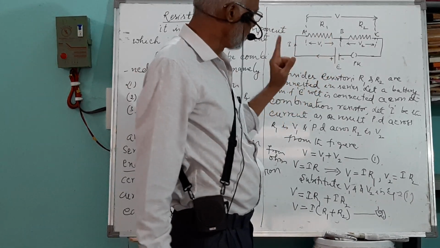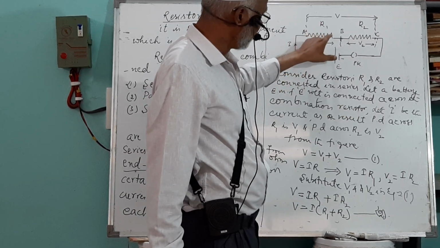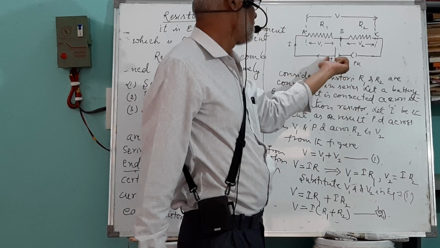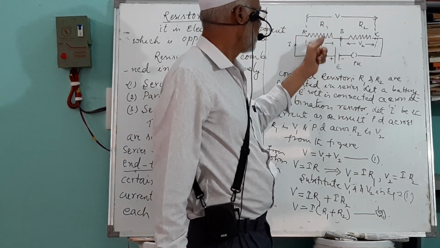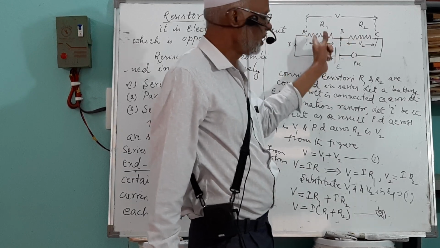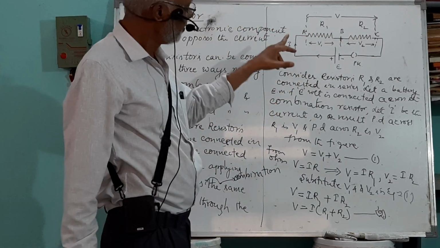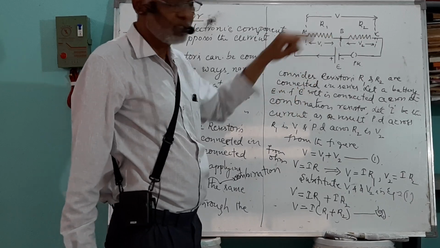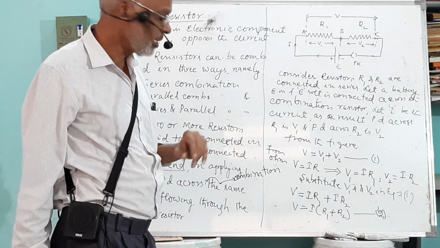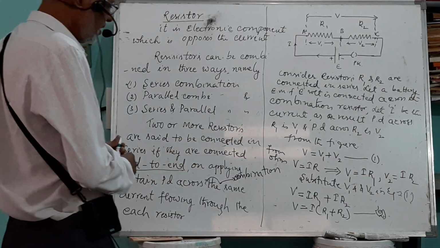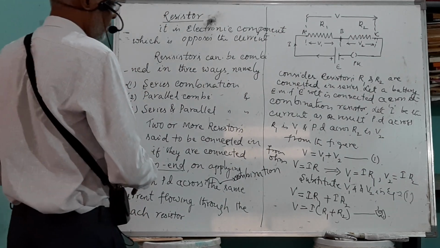Suppose by connecting one resistor you are able to draw the same amount of current as that of the combination of R1 and R2. In that case, that resistance we call the equivalent resistance in series combination.